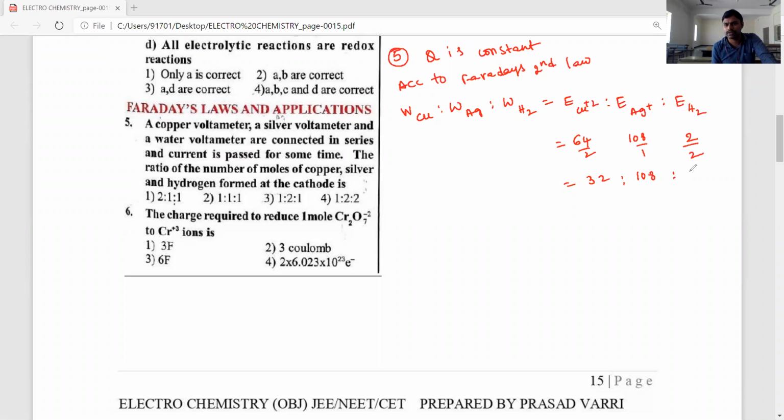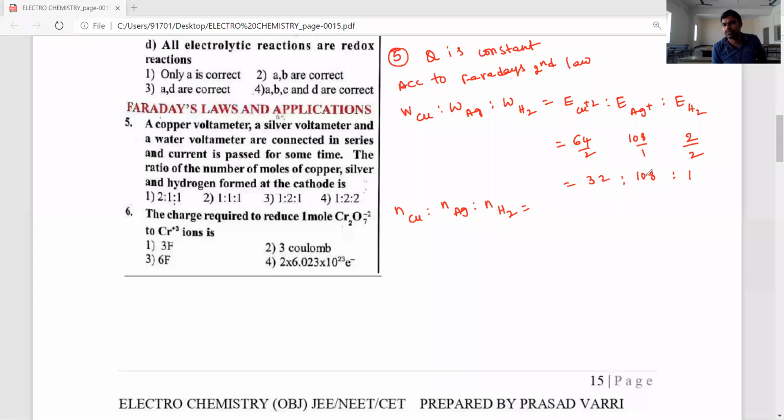Okay, now the mole ratio of copper is to the mole ratio of silver is to the mole ratio of hydrogen is equal to weight by gram molecular weight.